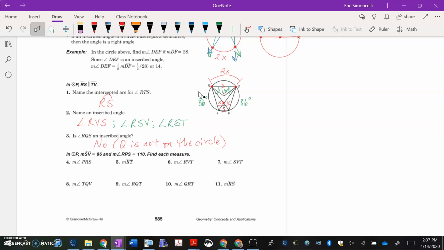So if I continue, again, we're trying to find the measure of angle PRS. Well, we already happen to have 110 degrees in the triangle RPS, which I'm going to draw off to the side here. So RPS, this angle is 110.